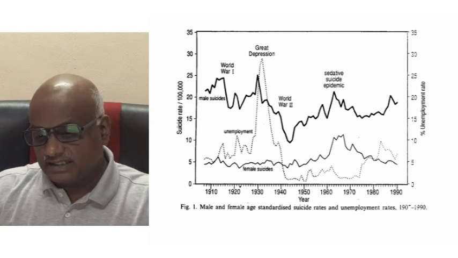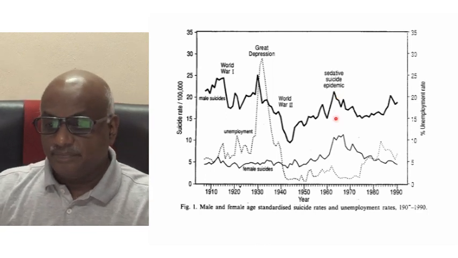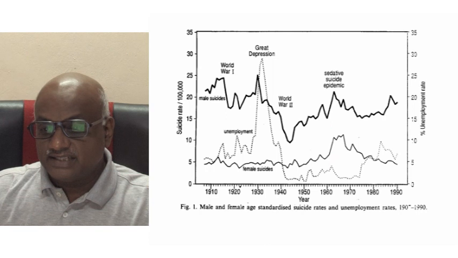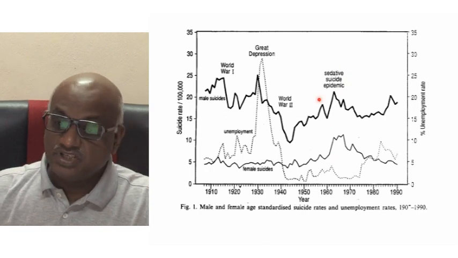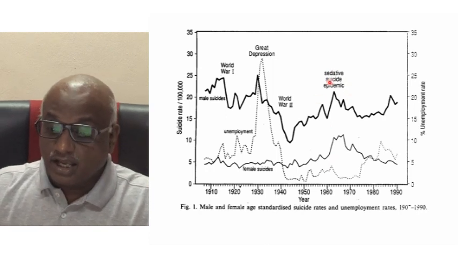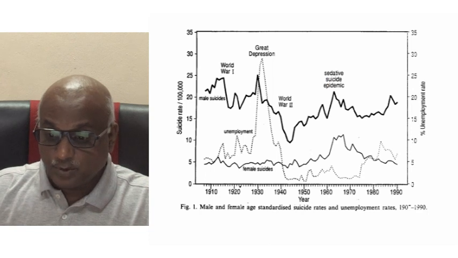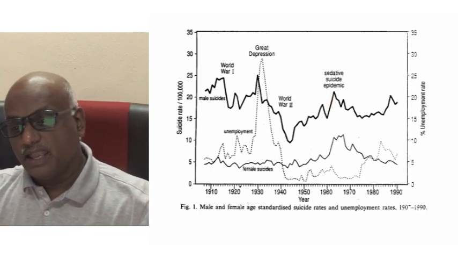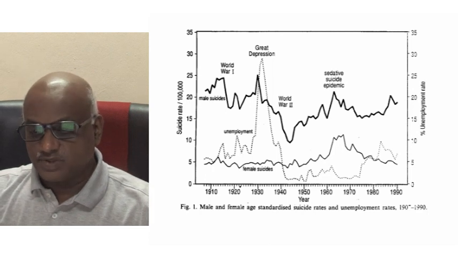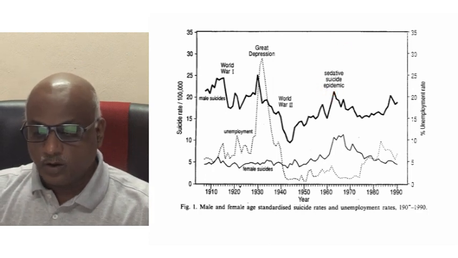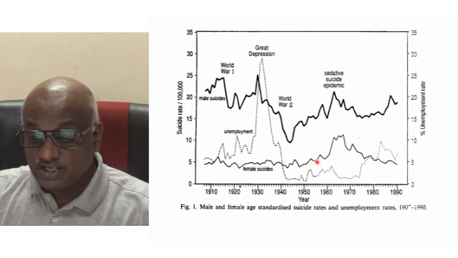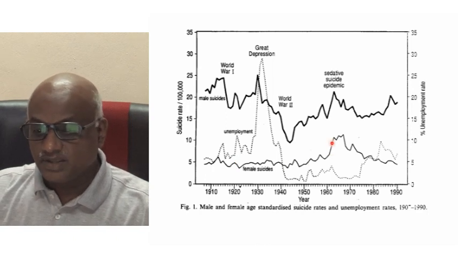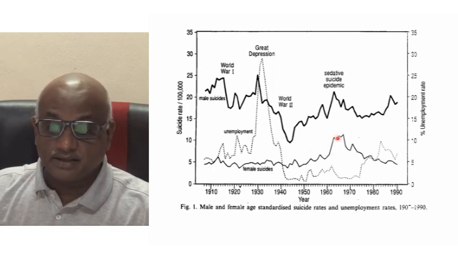Then again, it's another interesting phenomenon here, where there was an epidemic using barbiturates in the 1960s, where barbiturate was used as a hypnotic to induce sleep. And there were a large number of suicides. And you can see here how the female suicide rates actually spike during the barbiturate epidemic.